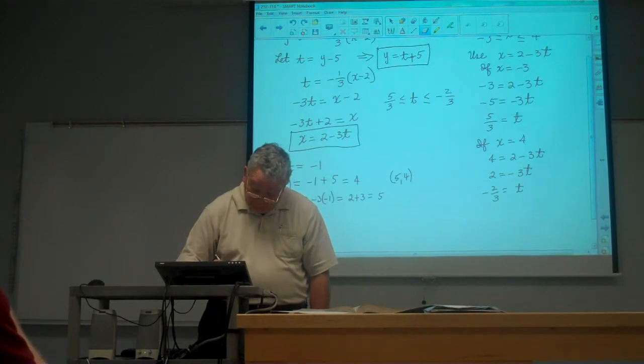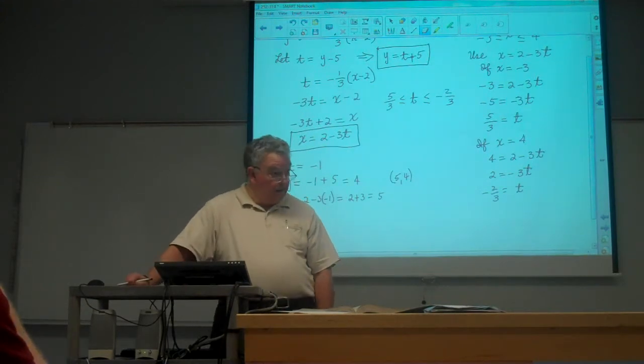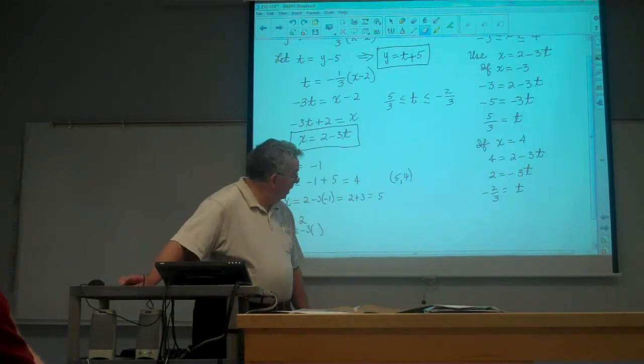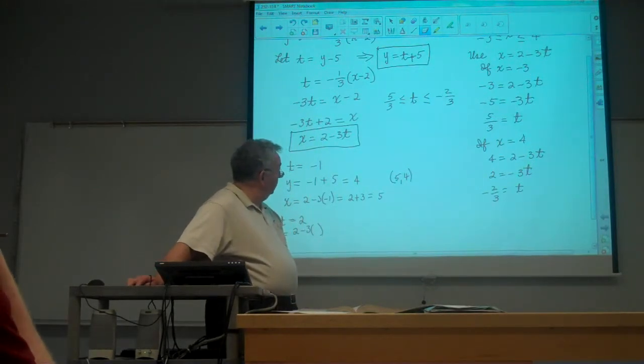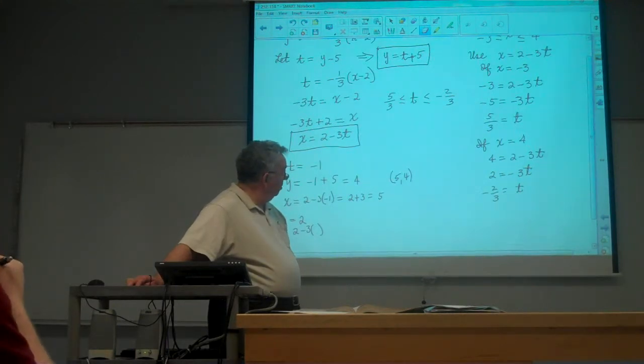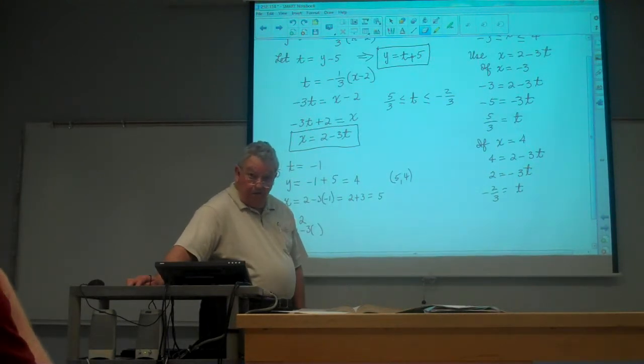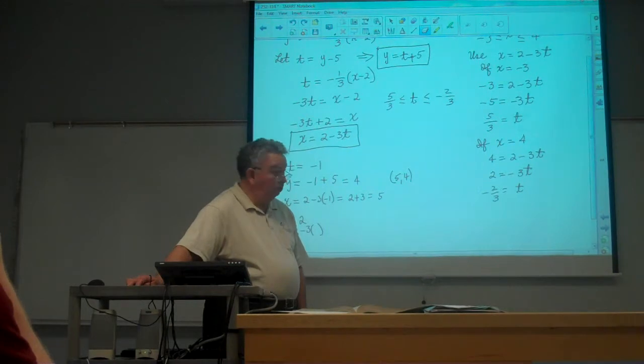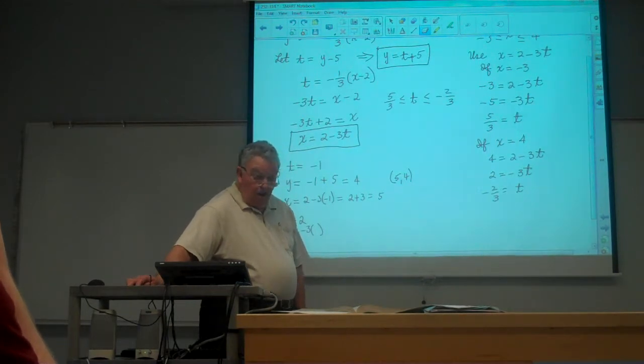But t can't be equal to 2. Why can't it? T has to be greater than 5/3, or less than minus 2/3, huh? What's in the middle? If you put t equals 2, it's outside the bounds. No, it's in bounds. They're just saying you can't go in that one.